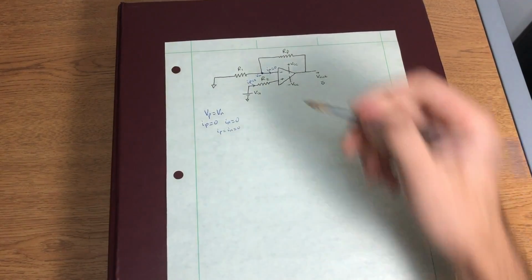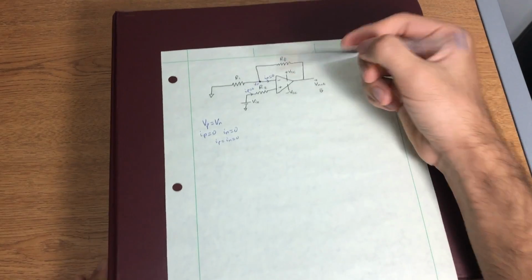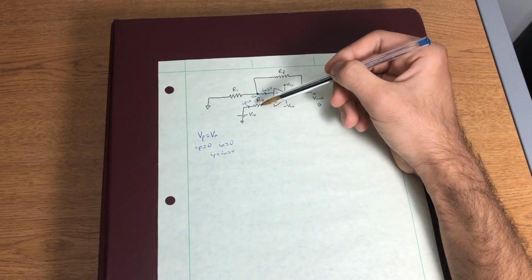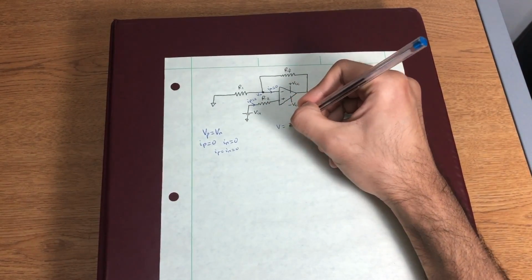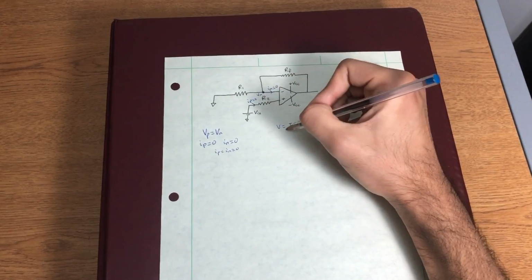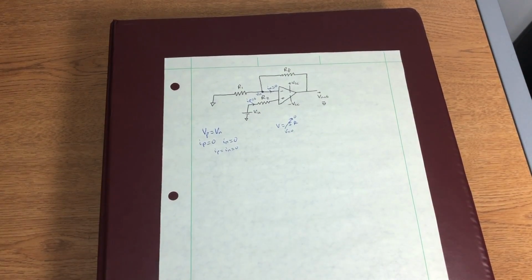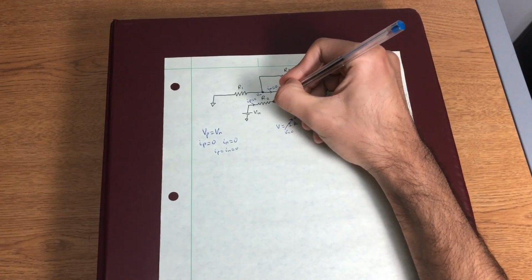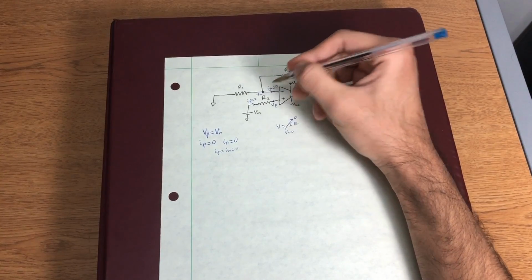Now, this resistor may throw us off a little bit because we don't know where to put Vp. Well, realize that there's no current flowing in this branch of the circuit, which means that this resistor has no effect, because the voltage across the resistor is V equals I times R. But since I is equal to 0, the voltage across the resistor is equal to 0, which means that anywhere in this branch we can consider as Vp, and this is simply going to be equal to our voltage Vin.